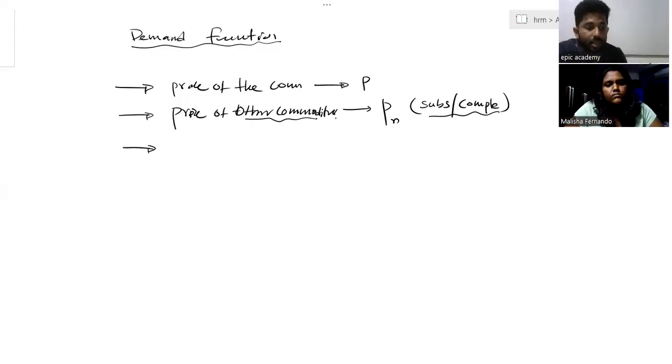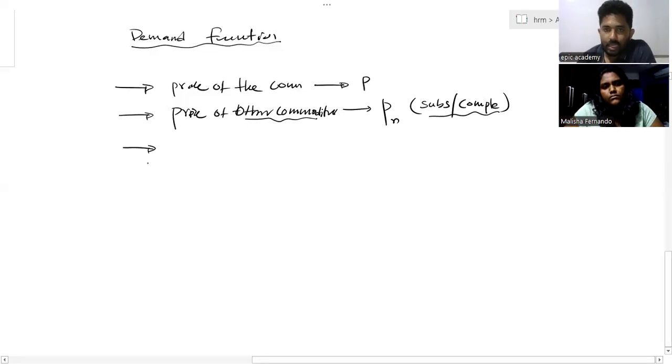Just consider the price of petrol is very high. Then you are not going to buy the vehicle. You are going to use public vehicles for your transport purposes. So those are the things. Okay, so we represent those things as PN, right?